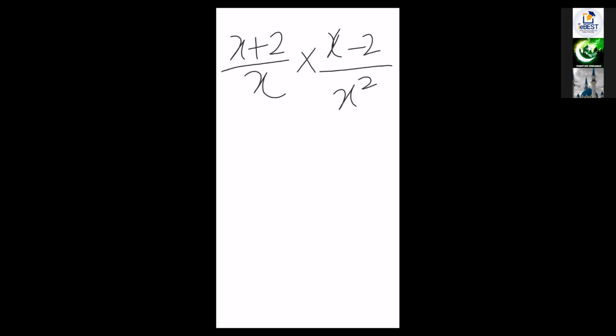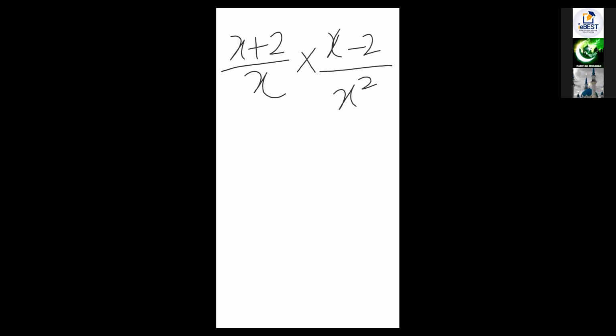Yes, Aisha, like when you're doing it with numbers. For example, I write 3 divided by 4 multiplied by 2 divided by 8. How are we going to proceed? You multiply the numerators and the denominators. Exactly. You multiply the numerator with the numerator and the denominator with the denominator. Very good.